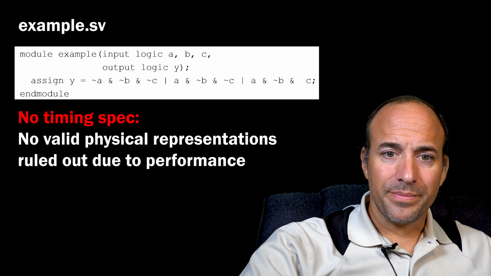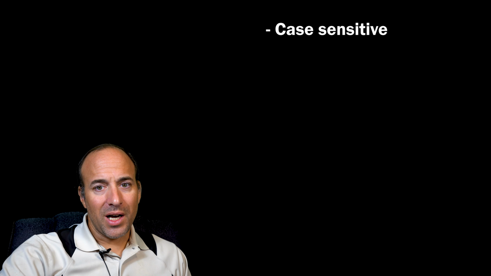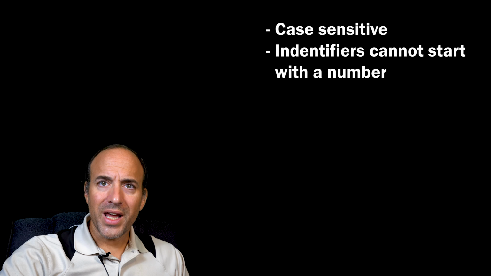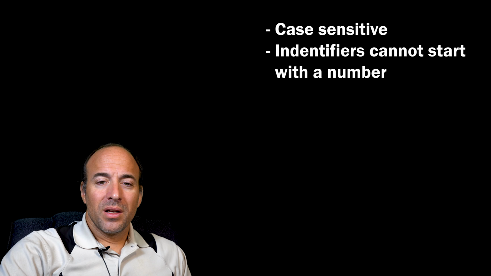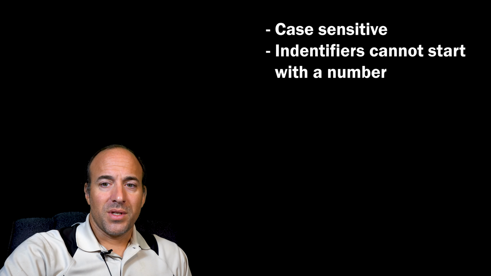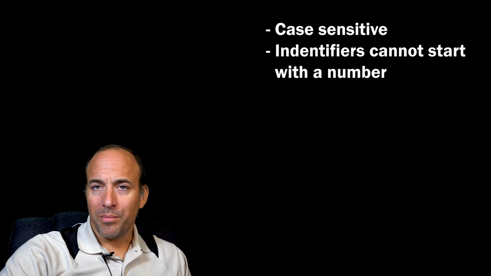Verilog follows similar syntax rules as does Java and C++. It's a case-sensitive language. Identifiers such as inputs and outputs and internal connections cannot start with numbers. Why is that important? Well, because sometimes in digital logic, it can be tempting to use names that start with numbers, such as 2mux for a 2-input mux.